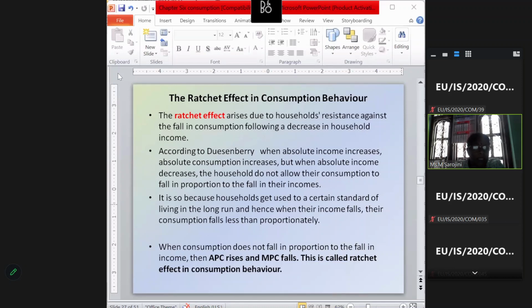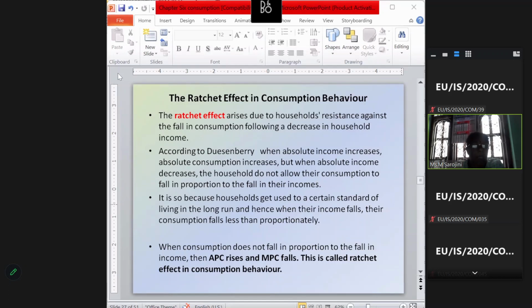Right. When consumption does not fall in proportion to the fall in income, then APC rises and MPC falls. What is explained by the ratchet effect as well as Duesenberry's relative income hypothesis is that when the income increases, consumption also increases, but when income decreases, consumption will not decrease proportionately, right?